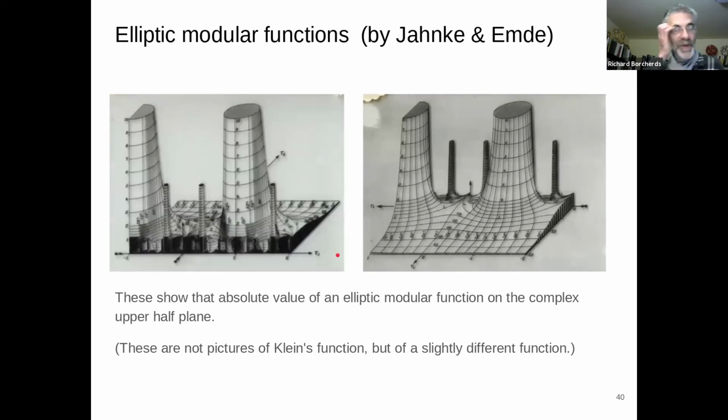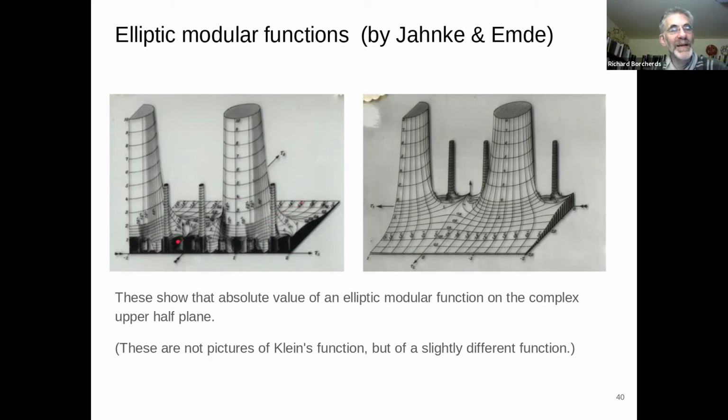Here's a picture of the graph of Klein's elliptic modular function. Well, it's actually a slightly different elliptic modular function. This is the upper half plane in the complex numbers. Down here we have the real axis, and along the real axis there's this whole chain of poles where the function becomes infinite. If you go away from the real axis, the function becomes very small.